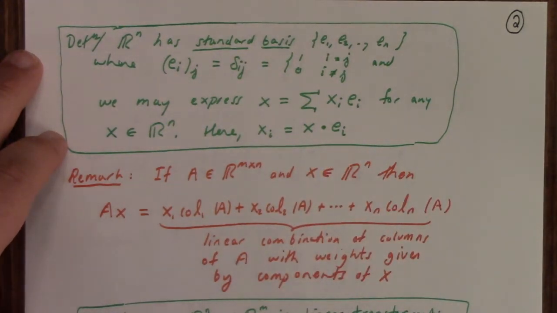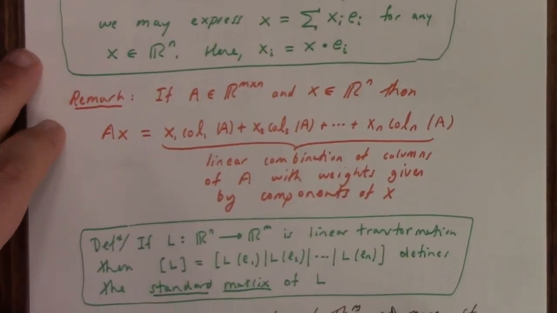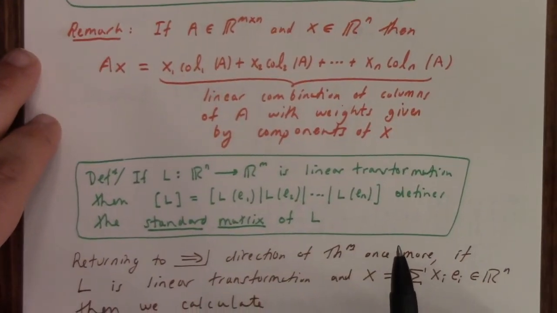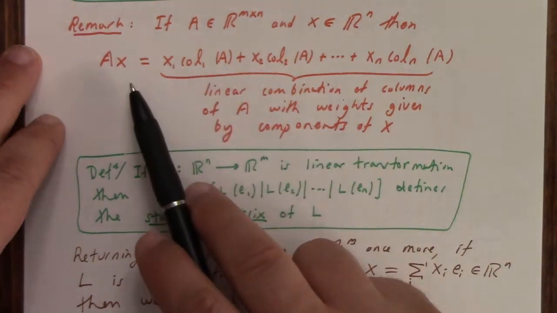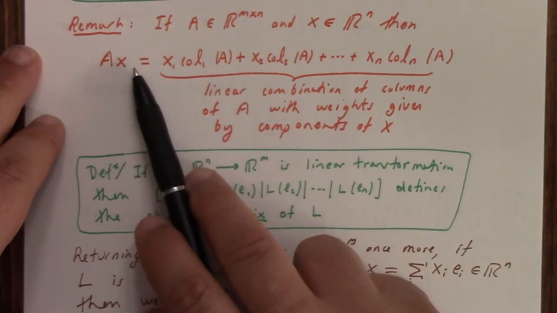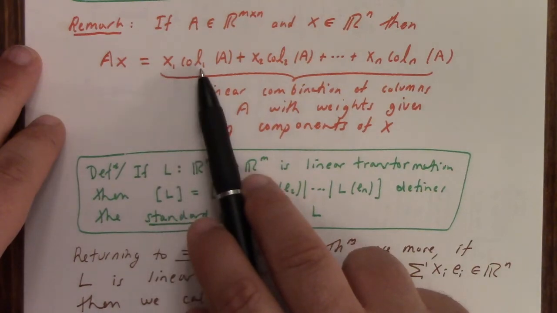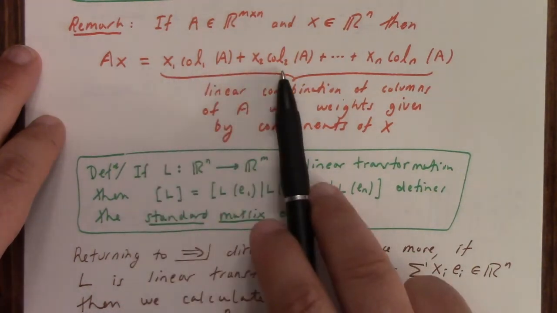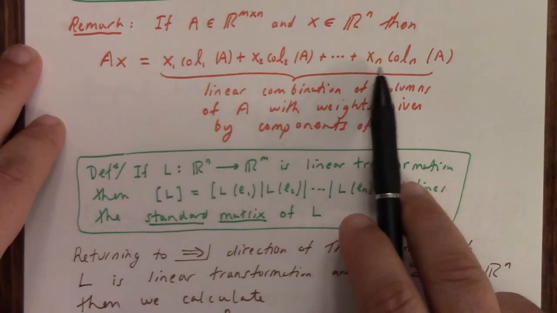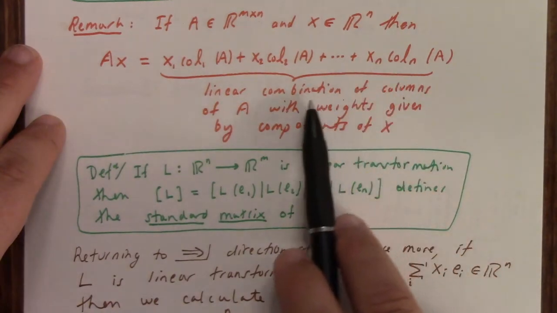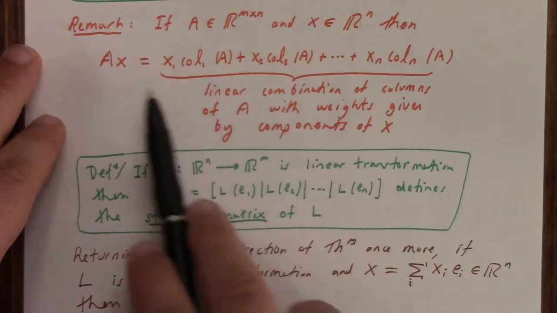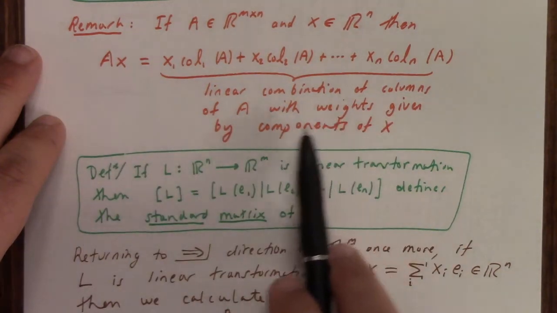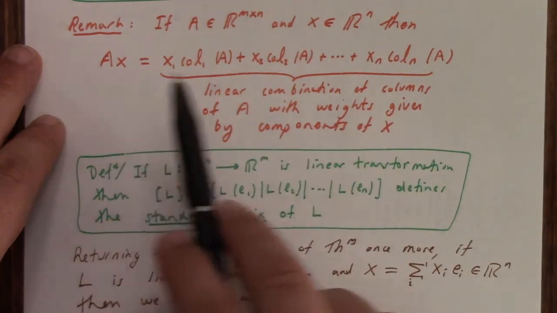And so this is that remark I was mentioning. In the case of matrix times column vector, the product can be understood as x_1 times column 1 of A, plus x_2 times column 2 of A, plus up to x_n times column n of A. In other words, the matrix column product is a linear combination of the columns of A with the weights given by the components of x.